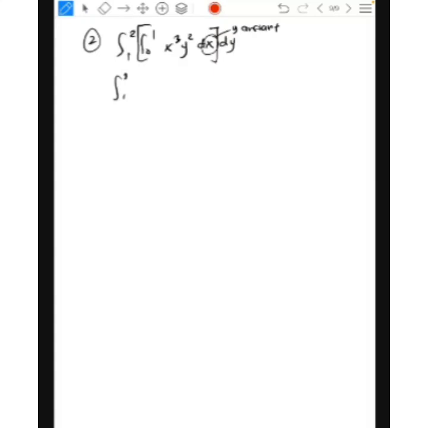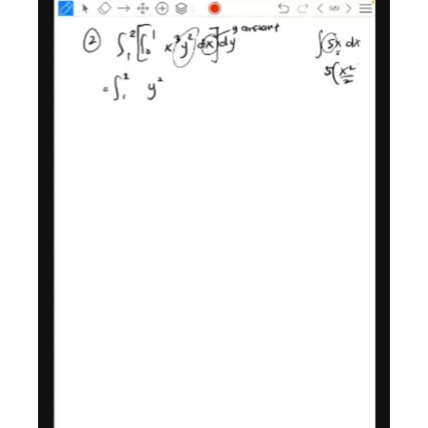The outer limit is still there. Since y is constant, just leave it. For example, if I have 5x dx, 5 is a constant, right? If I integrate with respect to x, I will still have 5 there, and then x squared over 2. Just integrate the x. The constant is multiplied with the variable that you integrate, and the constant is still there.